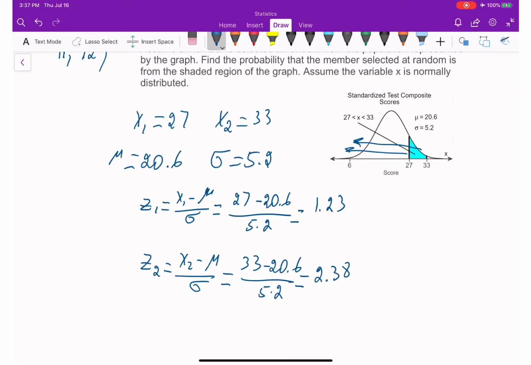Next we need to find their probabilities, right? So probability for Z1 less equal 1.23 minus, or I might as well put the x values. Hold on.